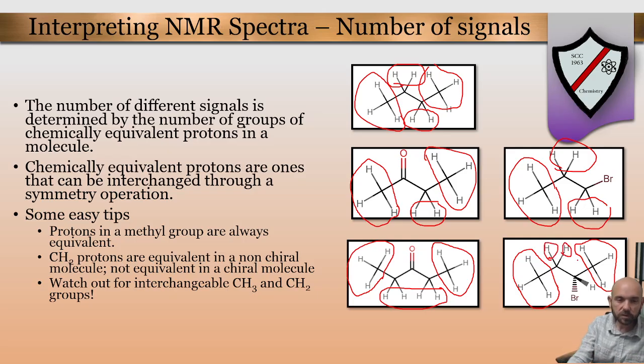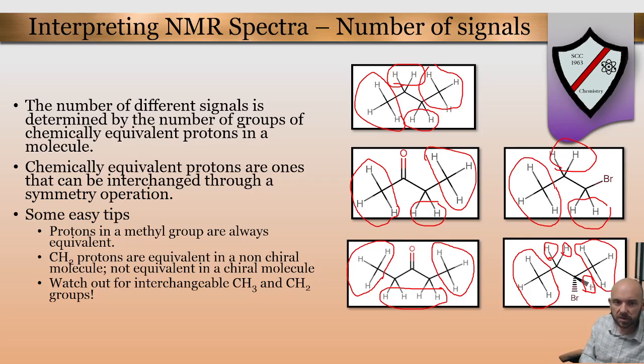So you're going to get four total signals for that molecule. Actually five, because you have an extra hydrogen here that also is not chemically equivalent to any others. So to summarize, you're going to get five different signals from that molecule, and the CH2 hydrogens there in the middle are not chemically equivalent due to the chirality of the carbon present there.